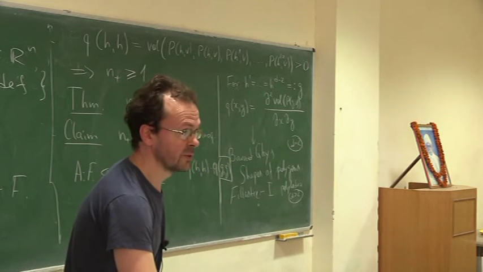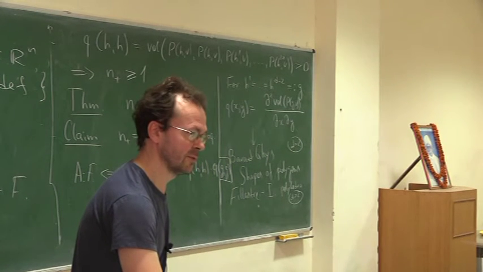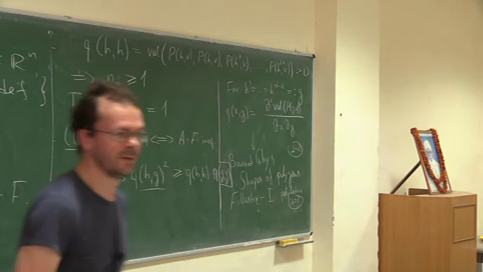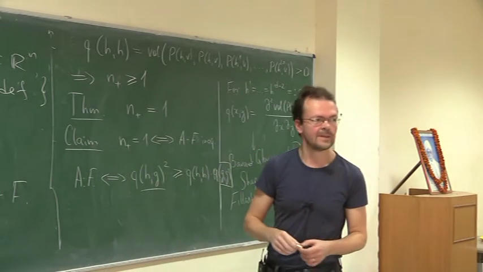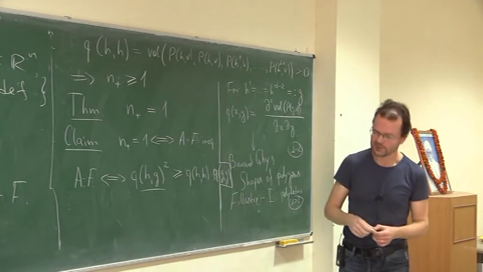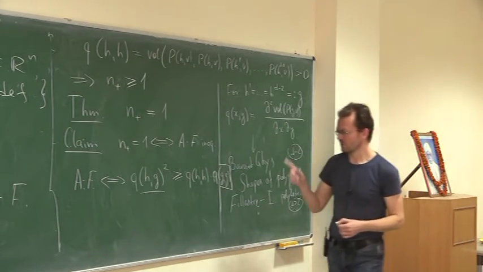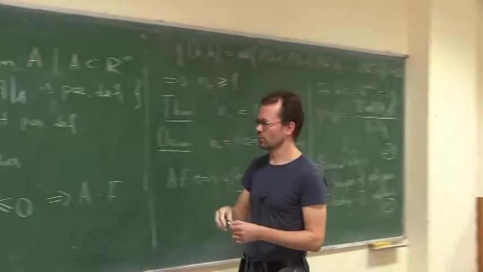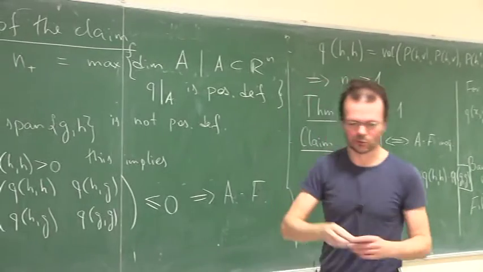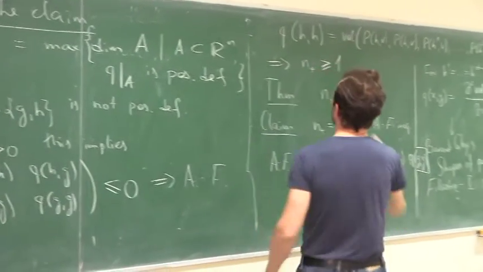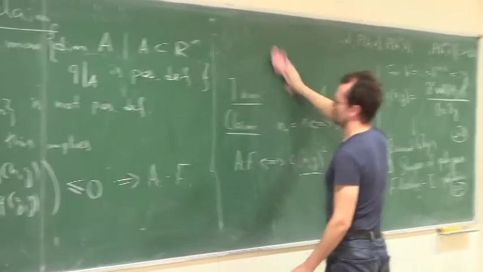Good. So in the remaining 20, yes? Yes, exactly, it does. So the equality case, the dimension of the kernel, let me put it as a remark. Thank you for asking.